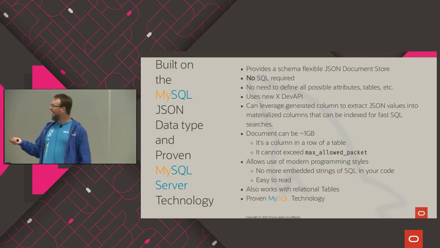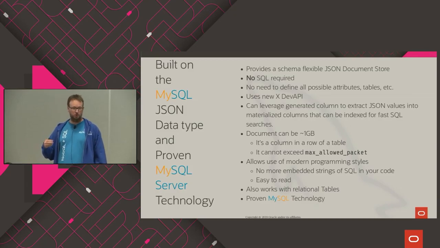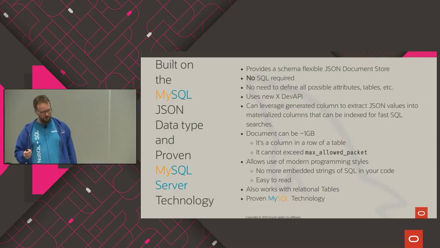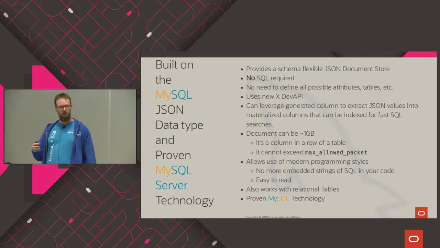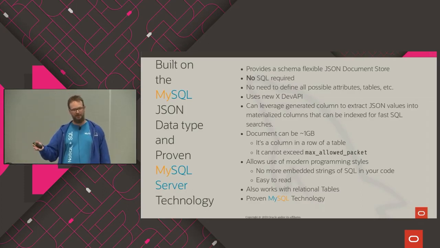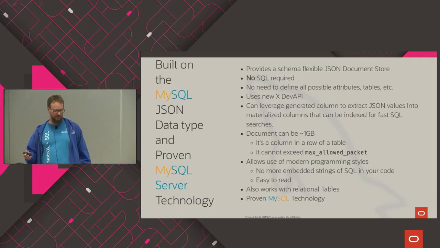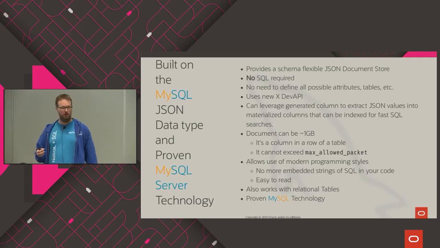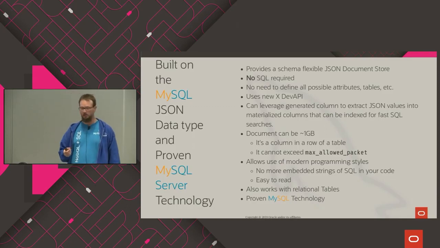Also something very nice, if you are already using a document store right now, is that the document can be up to 1 gigabyte. It seems huge to me, but with several document stores on the market right now, you have a limitation of 16 megabytes, which is a lot already, I think, but it seems that a lot of people have issues with this 16 megabyte limitation. So for us, it's 1 gigabyte, right?